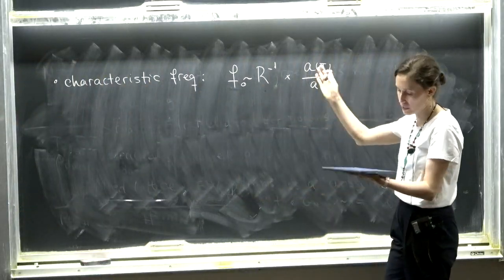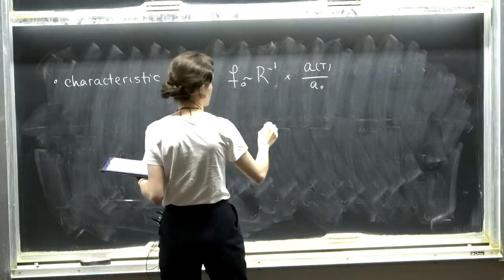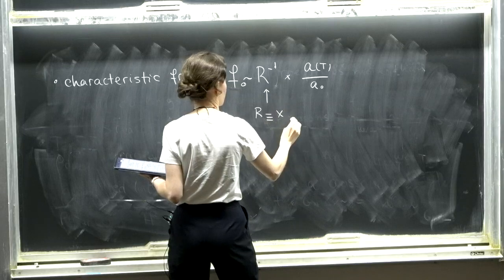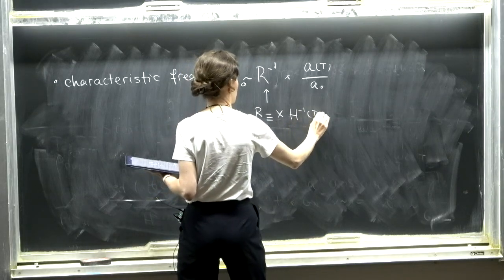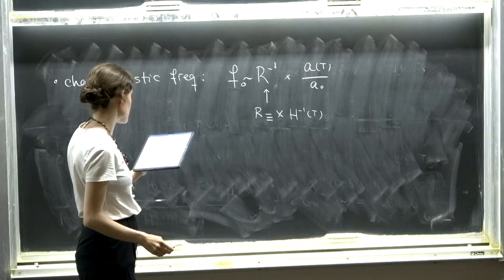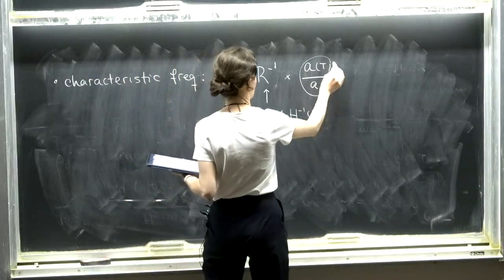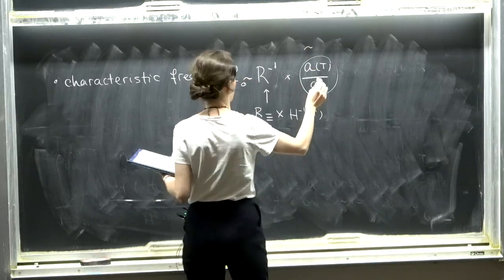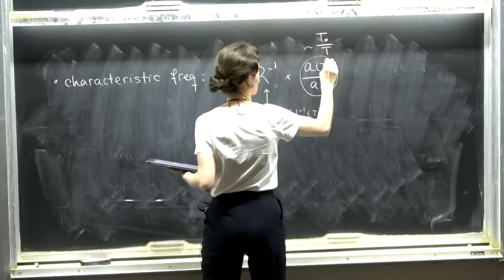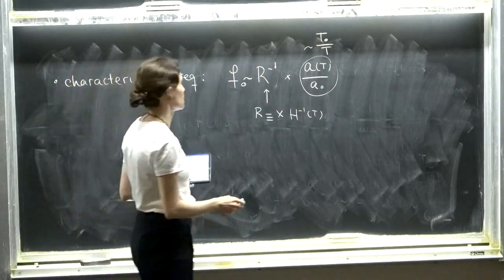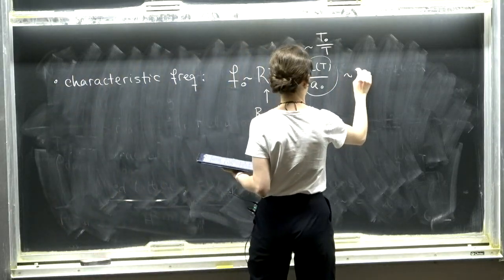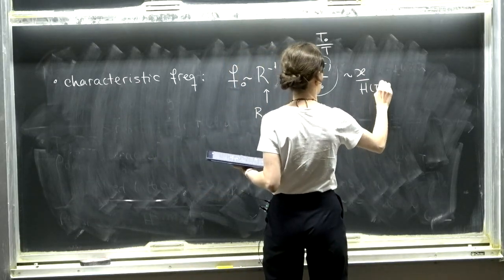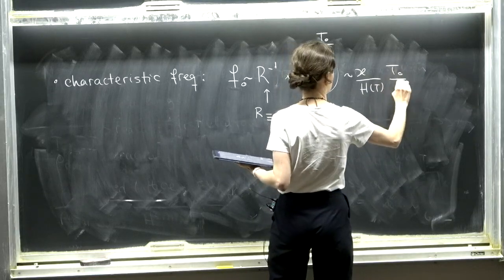This radius, typically, I'm going to parameterize it as a fraction x of the Hubble radius at the time of the transition, and I'm going to be cavalier with factors of g star and just approximate this redshift factor by the ratio of temperatures now and back then. So there is this factor x over Hubble, and then T naught over T.